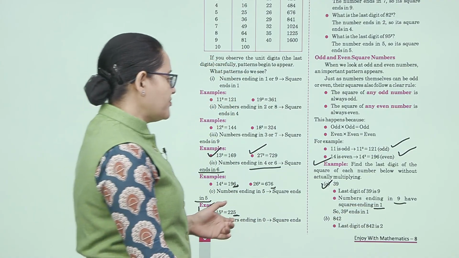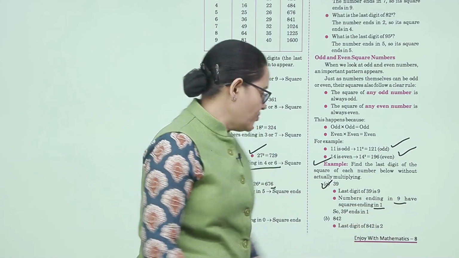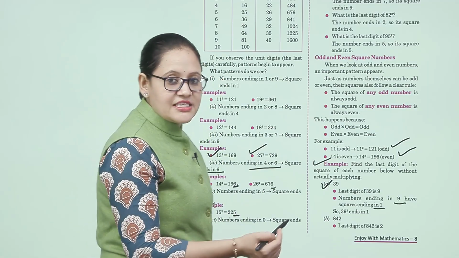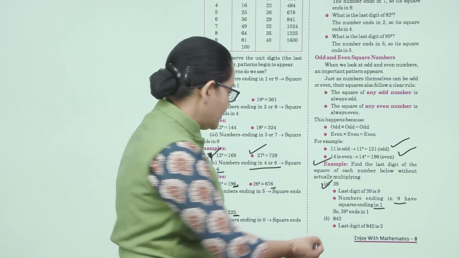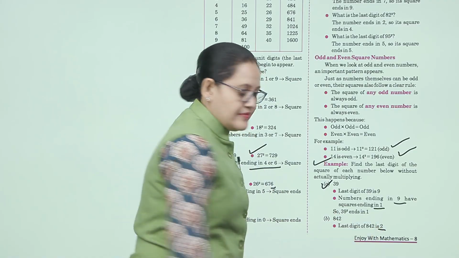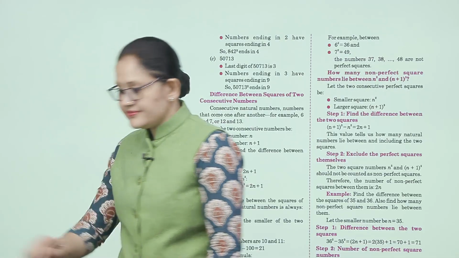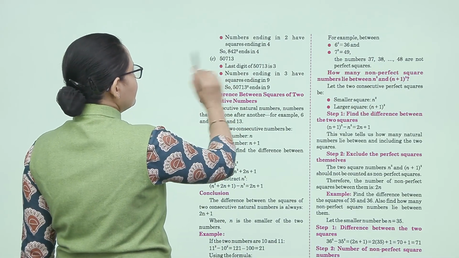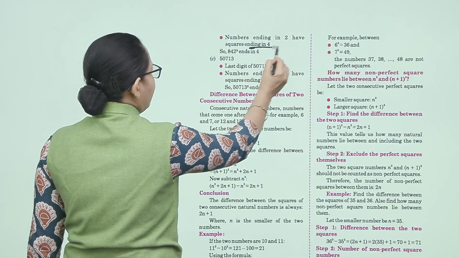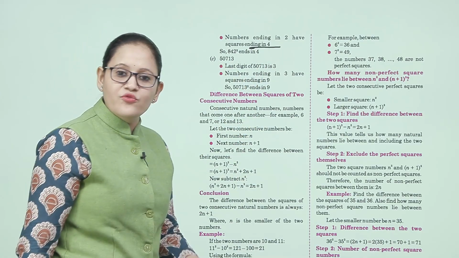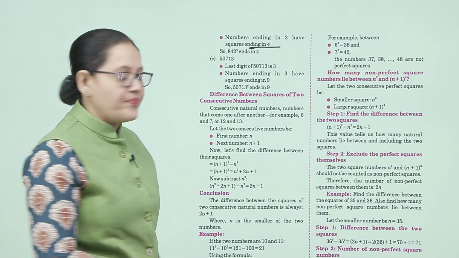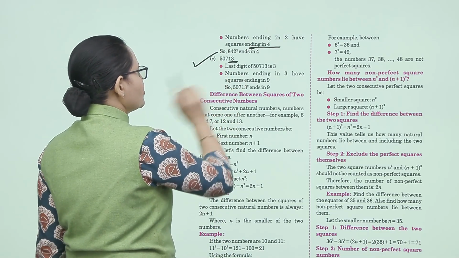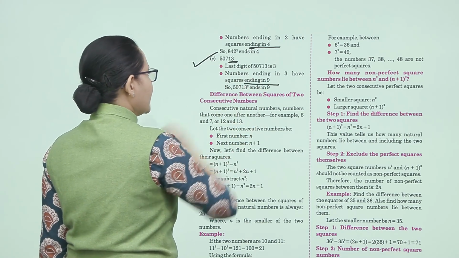So the square of 39 will end with 1. 842: the last digit is 2, so a number ending with 2 has a square ending with 4. Now, in this number, the last digit is 3, so the square will end in 9.